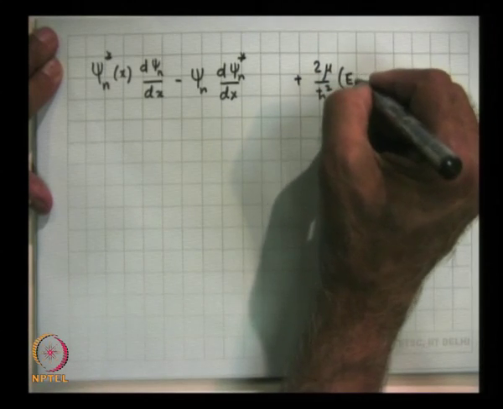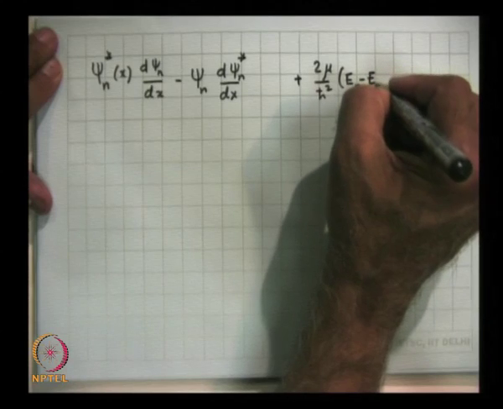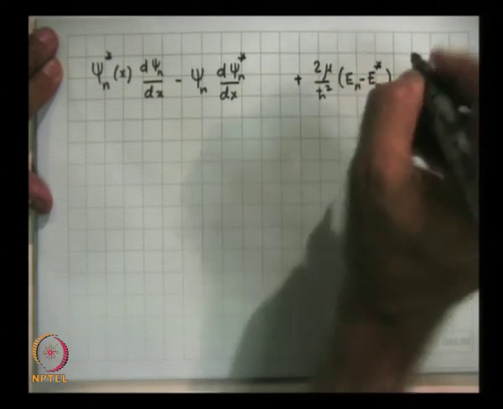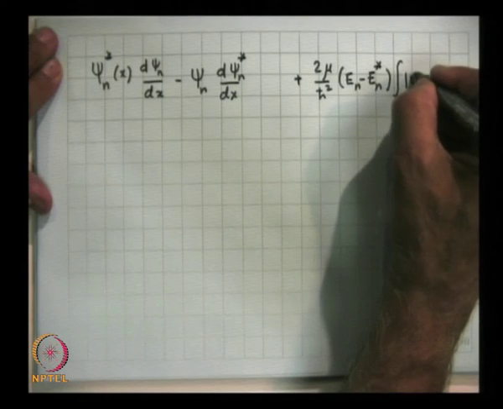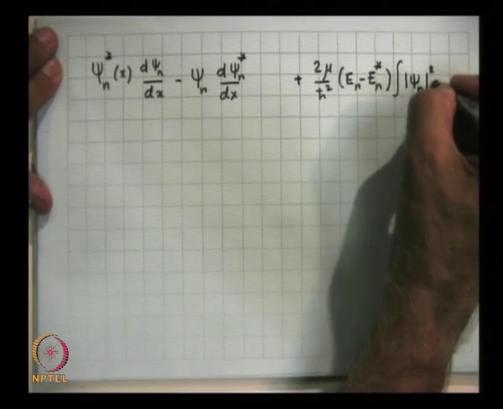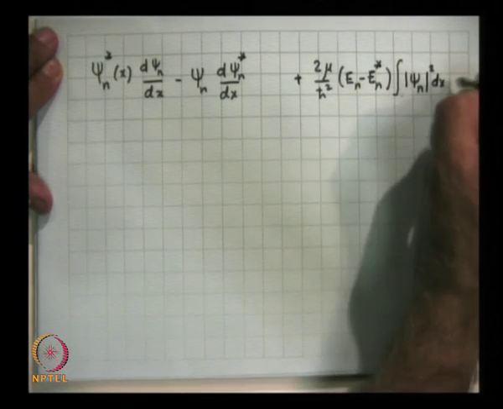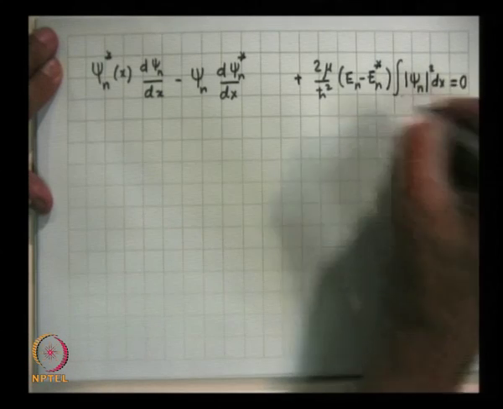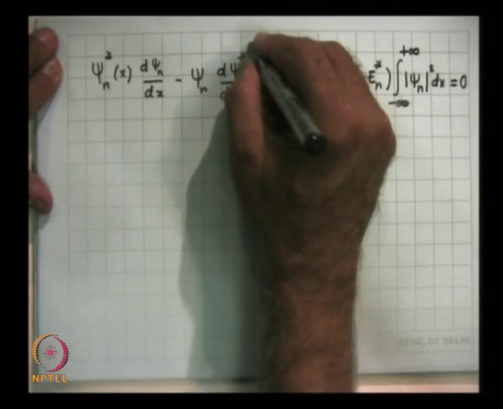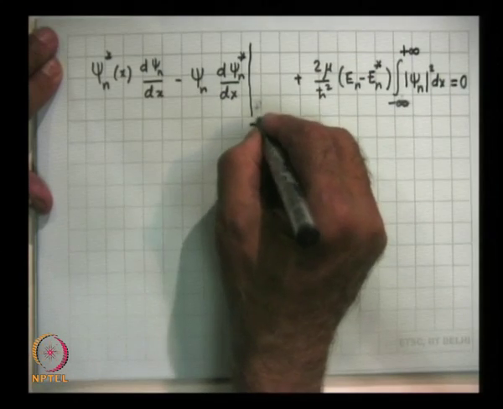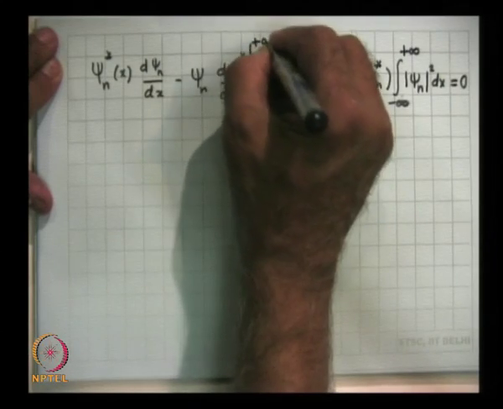I can take this outside, and then the integral of mod psi n square dx. So, this is equal to 0. I take the limits from minus infinity to plus infinity.